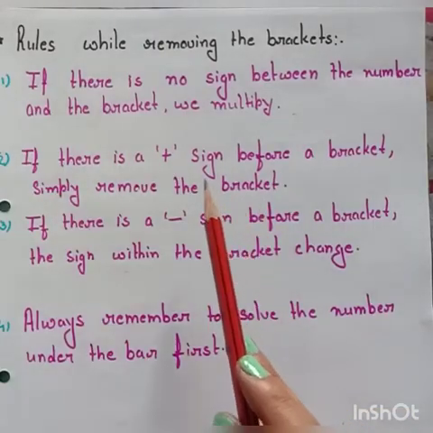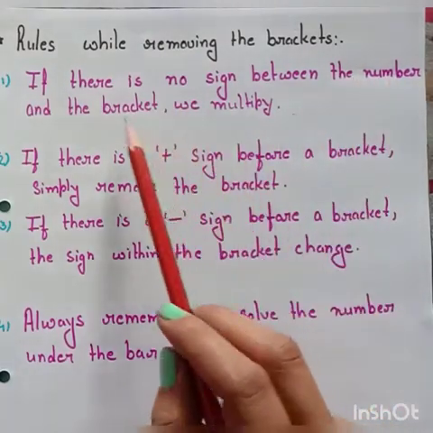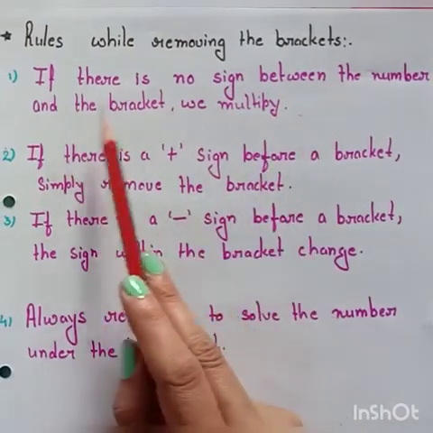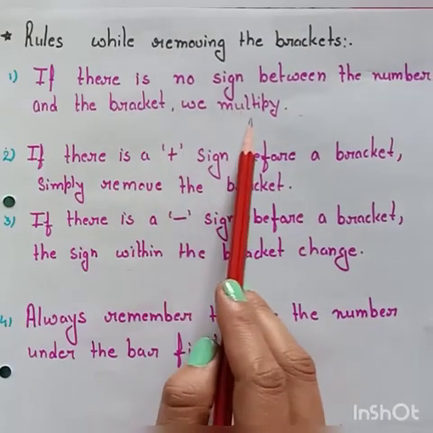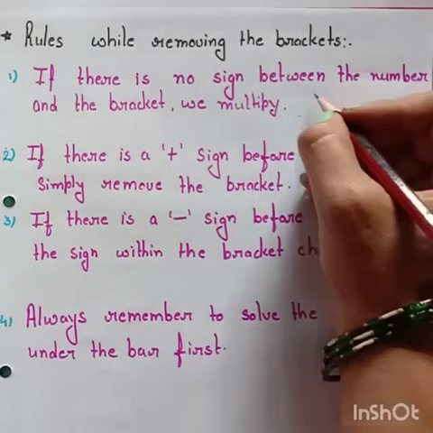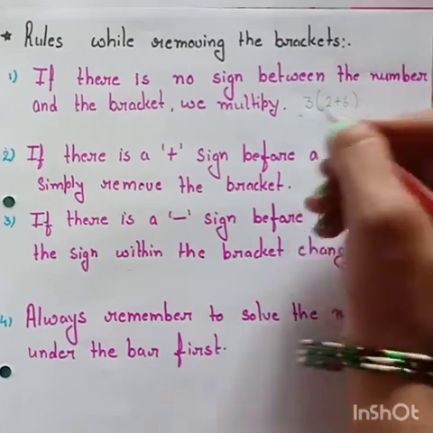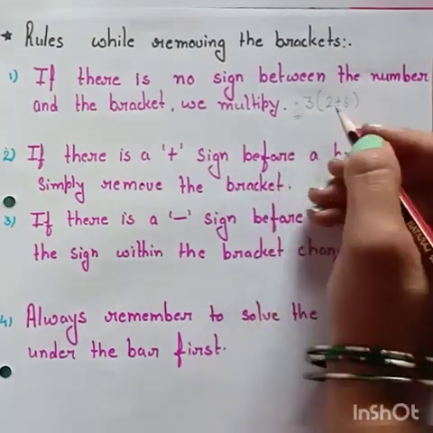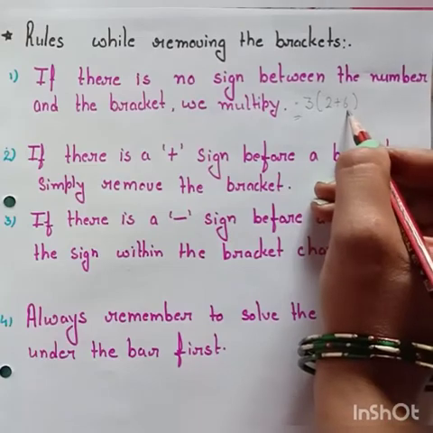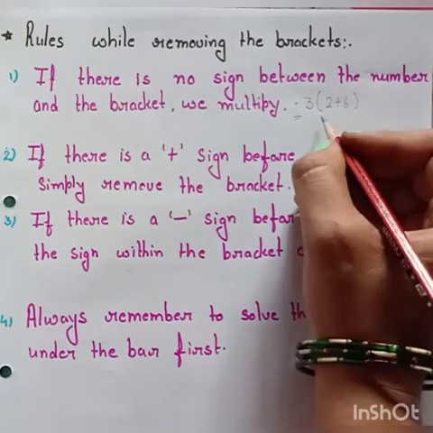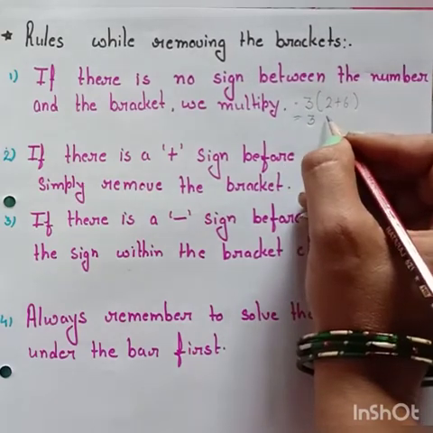There are some rules while you remove a bracket. If there is no sign between the number and the bracket, we multiply. Suppose I have written 3 in bracket 2 plus 6. I told you first you have to solve the term inside the bracket. So 6 plus 2 is 8. So you will write 3, 8.